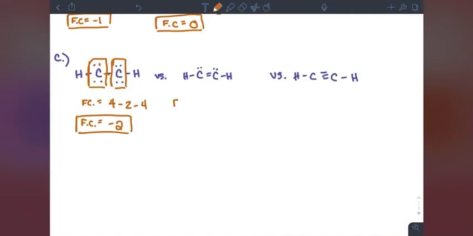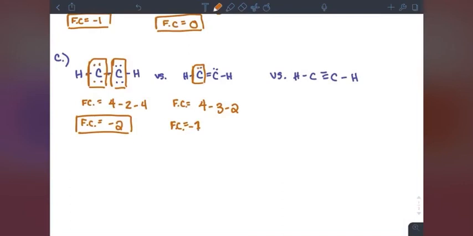So next we'll be looking at the formal charge of the double bonded carbons. Here the formal charge is 4 minus the number of lines, which is 3, minus the number of dots, which is 2. Formal charge would be 4 minus 3 minus 2, -1.